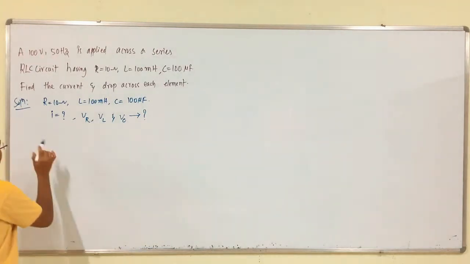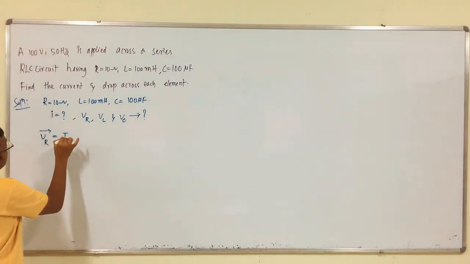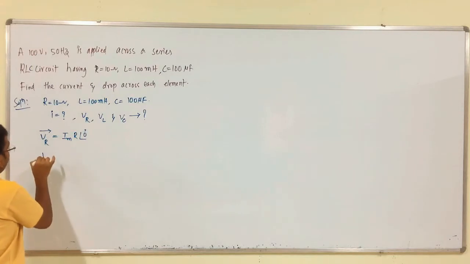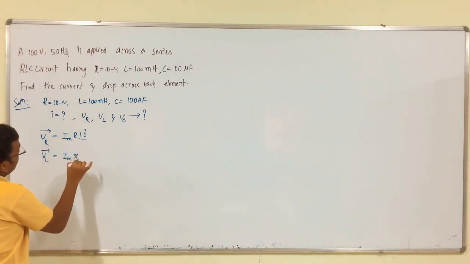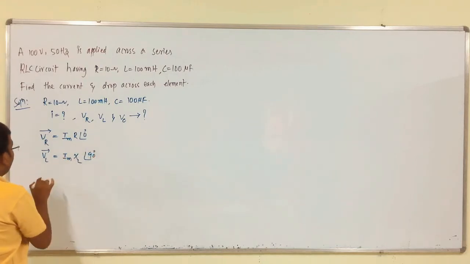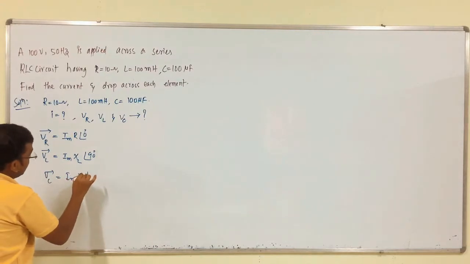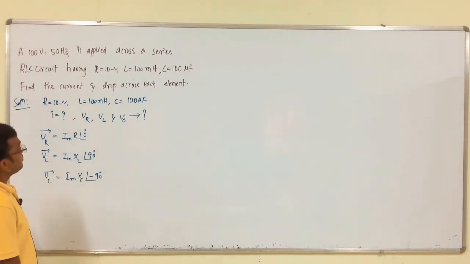We all know, what is VR? IM at an angle 0, VL which is equal to IM XL at an angle 90, VC is IM XC at an angle minus 90.